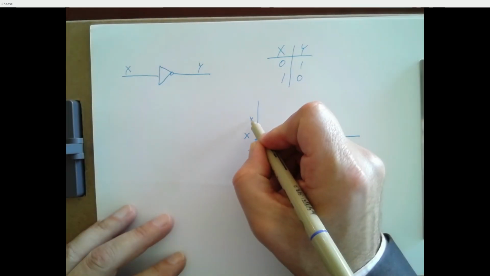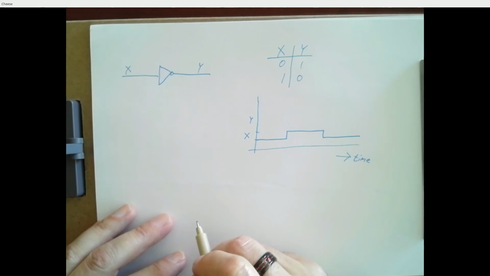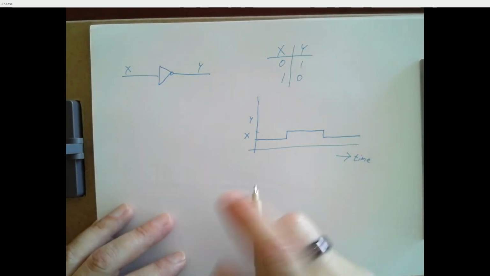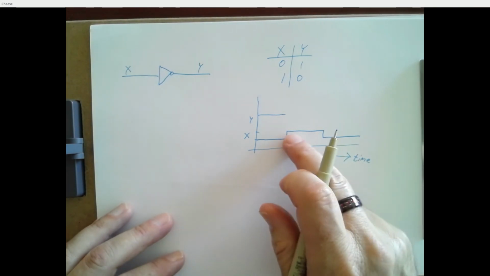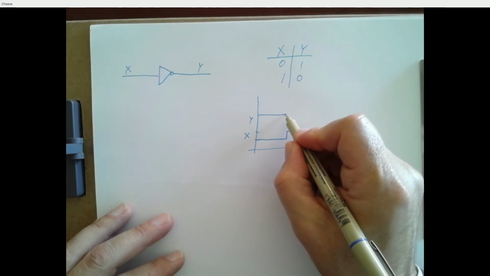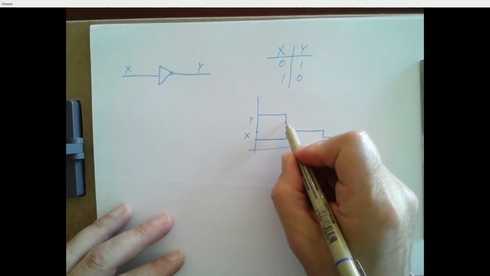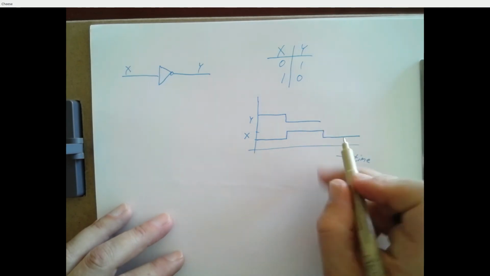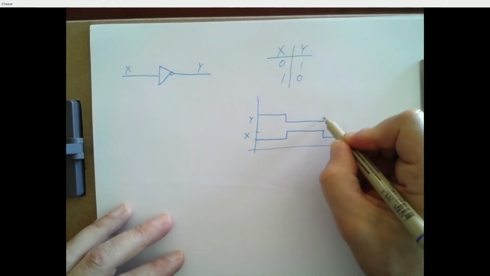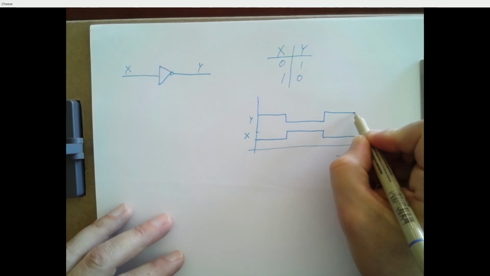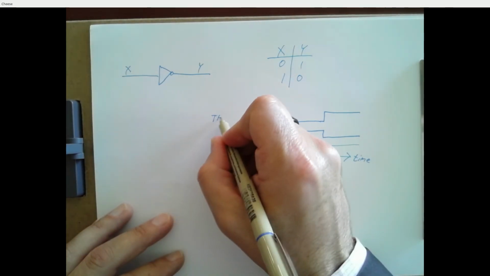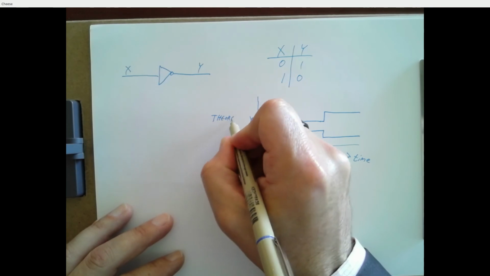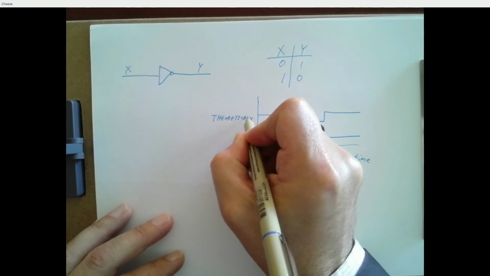Okay, let's see what y does. Theoretically, when x is 0, y is 1. And when x goes to a 1, y drops down to a 0. And when x returns to a 0, y returns to a 1. So this is the theoretical y.